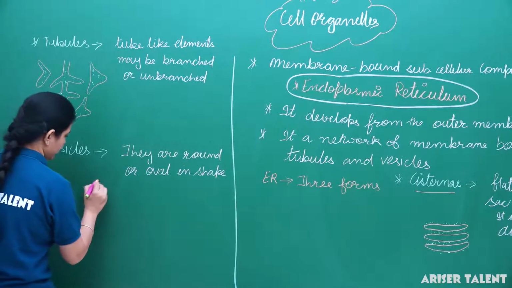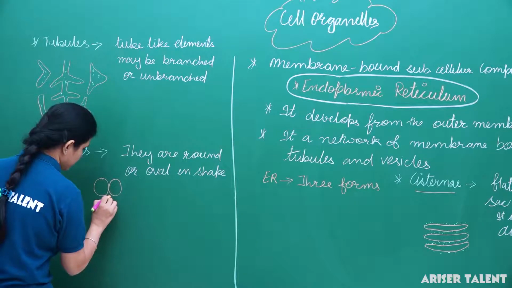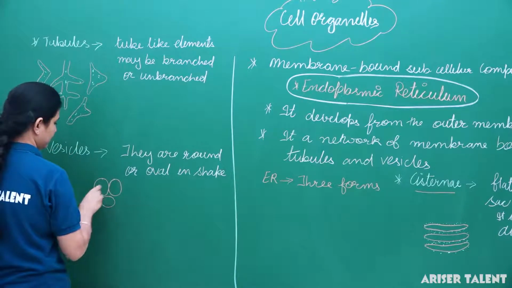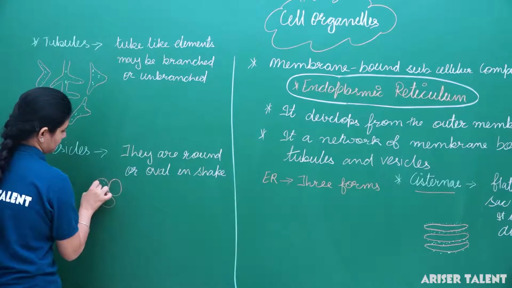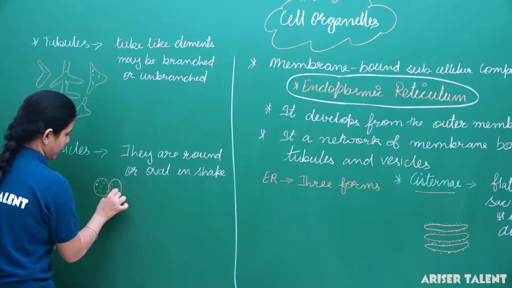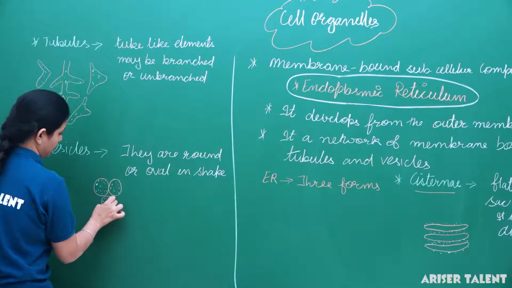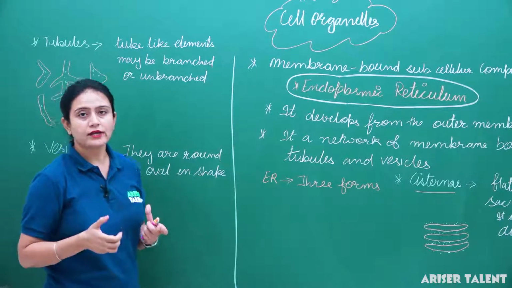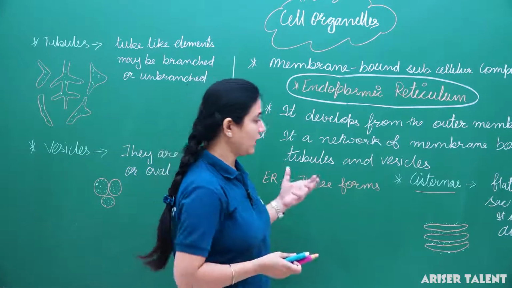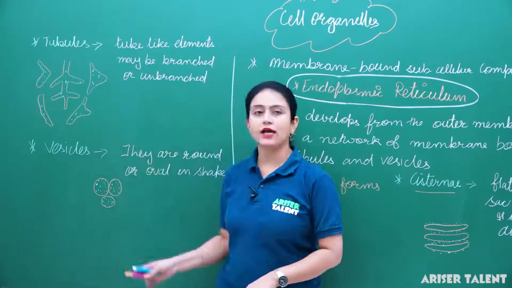We can see the structure. These are vesicles. So thus we can say that endoplasmic reticulum generally has three forms. As I told you, it is the network of membrane bound channels, tubules and vesicles. So why did I say this? Because it has three forms. What are they? Cisternae, tubule and vesicle.